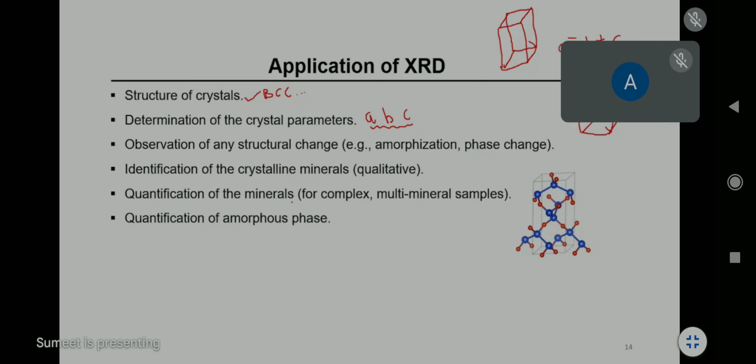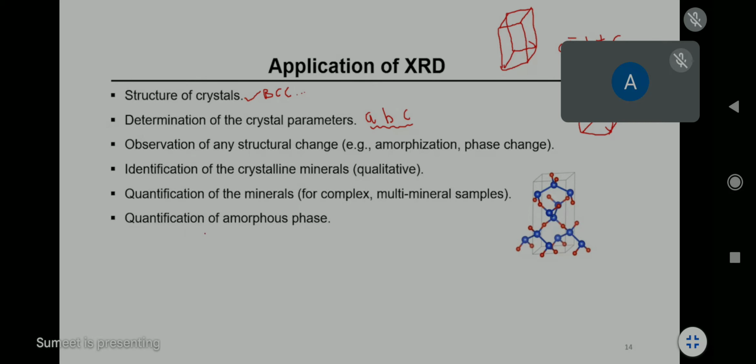And there are also minerals, likewise SiO2, this simple silica or sand which we call, that is also a type of mineral. And likewise, when scientists discover different materials, XRD can be performed on them, and their complex structures will be known, and their crystal structures can be found out.